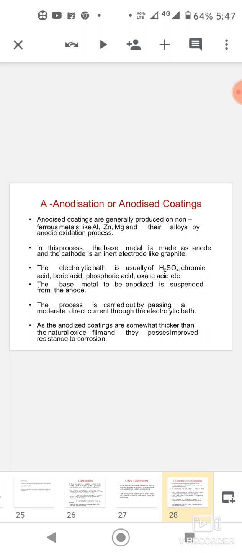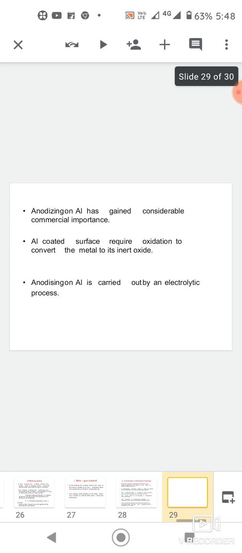The process is carried out by passing a moderate direct current through the electrolyte bath. As the anodized coatings are somewhat thicker than the natural oxide film, they possess improved resistance to corrosion.